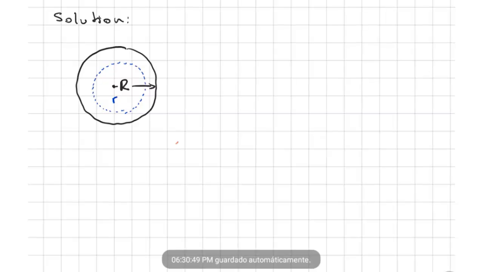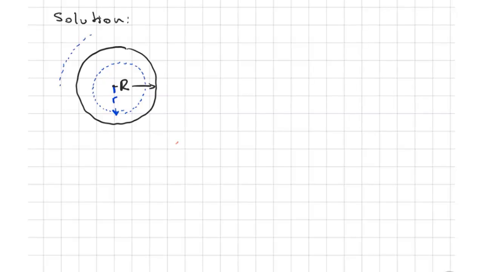It could be inside or it could be outside. Actually, what we are gonna do is to calculate the electric field inside of the sphere and outside of the sphere.